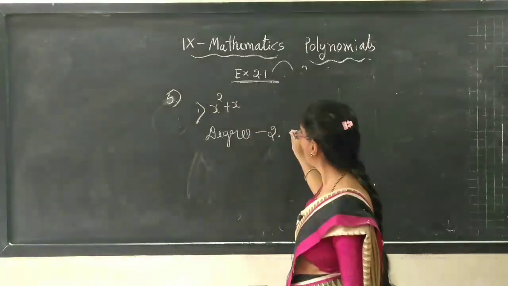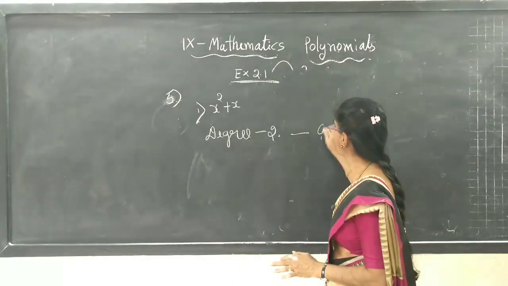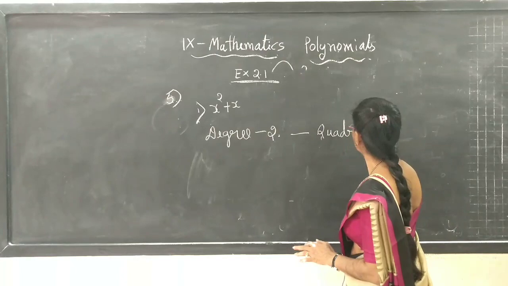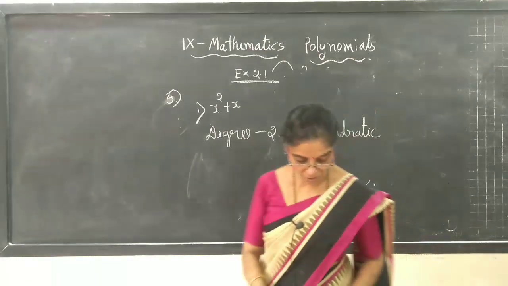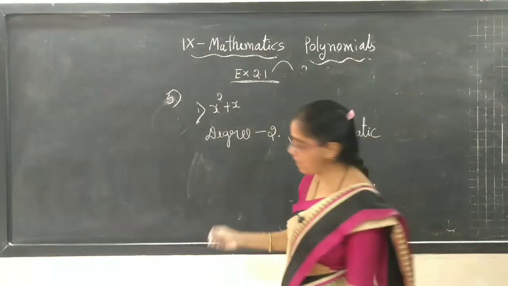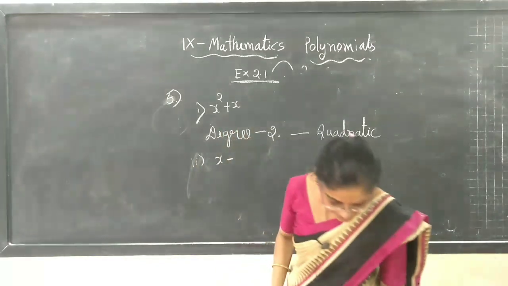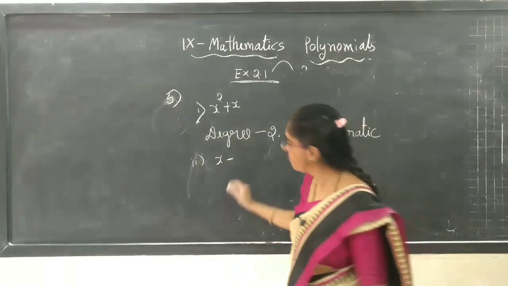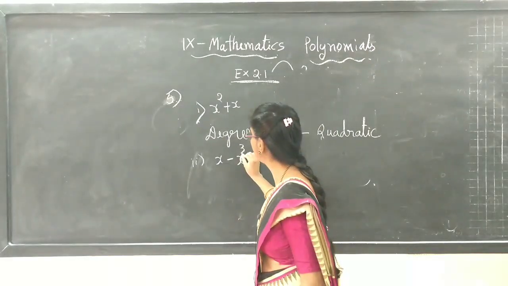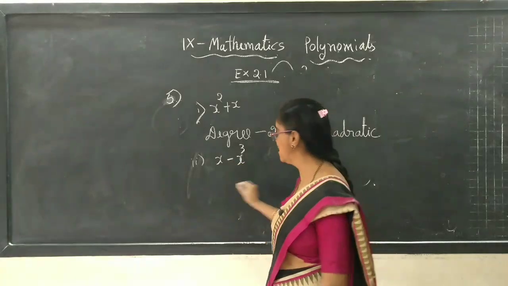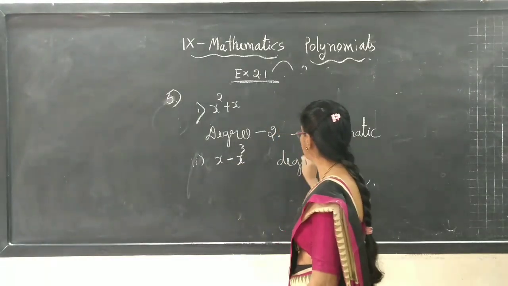Degree 2, what we call that polynomial, is quadratic. So it is a quadratic polynomial. Then, second one, x minus x cube. Here what is the degree? Here the degree is 3.